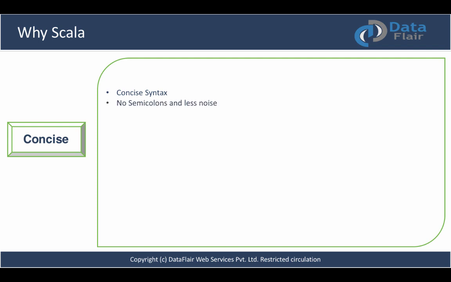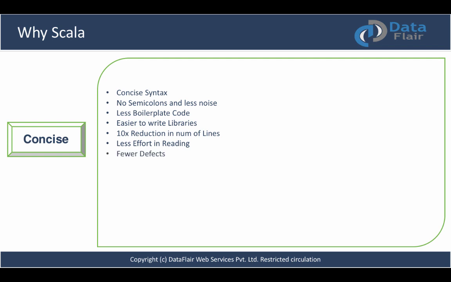There are no mandatory semicolons, and thus less noisy syntax to write. Much of the boilerplate code has been removed. It makes it easy to write libraries, and as I mentioned, programmers are able to reduce the number of lines. And fewer lines not only means less typing, but also less effort at reading and understanding programs.